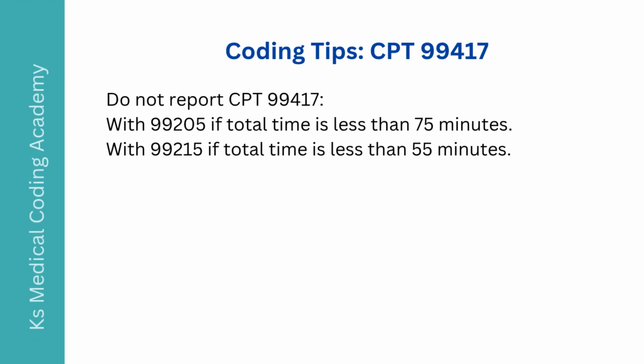CPT code 99417 is used only when the physician's total time exceeds the highest office visit code threshold. Do not report 99417 with CPT 99205 if the total time is less than 75 minutes, or with CPT 99215 if the total time is less than 55 minutes.